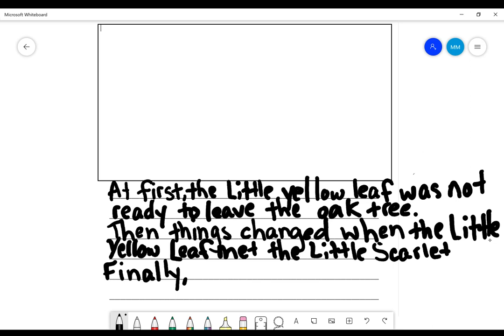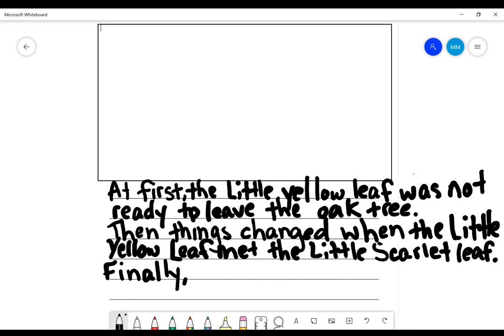Scarlet. I'm going to fix that T. And friends, I am using my whiteboard app on my computer. So that's why my writing looks a little thick, okay? If I was writing with a pencil, it would look different.